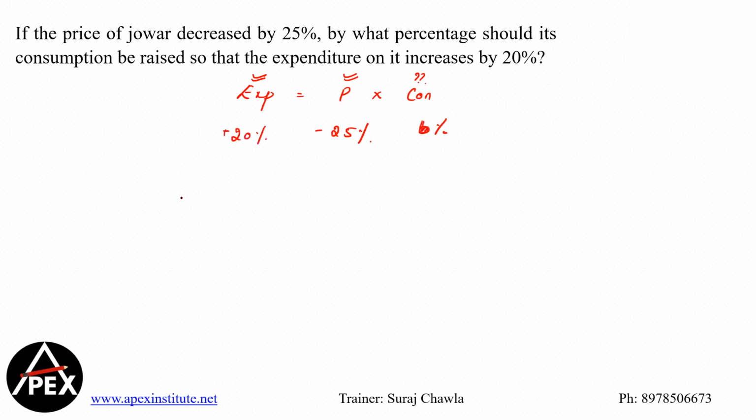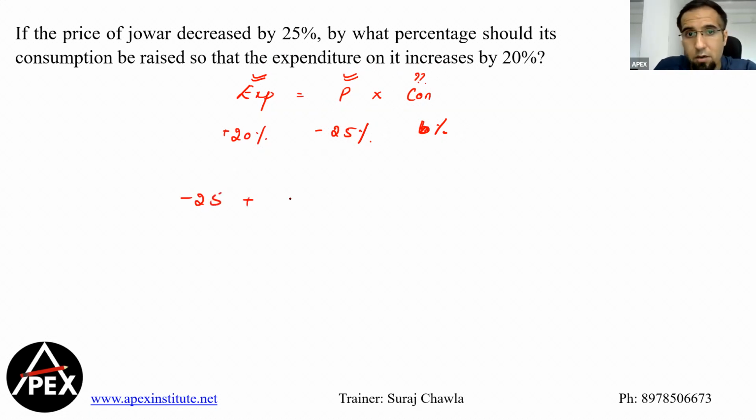So can I say A plus B plus AB by 100 is equal to 20%? So let's take minus 25 this side. This gives me B minus 25B by 100 is equal to 45.